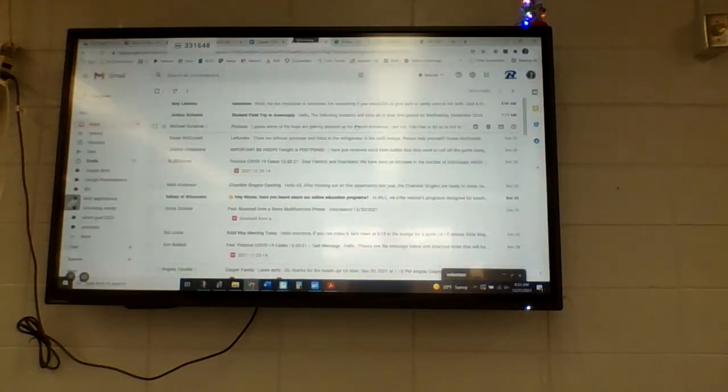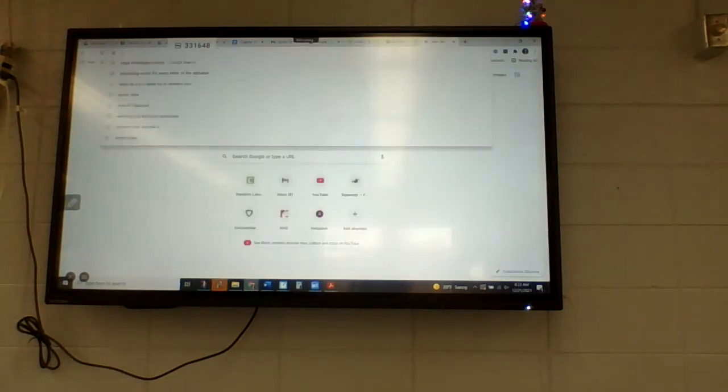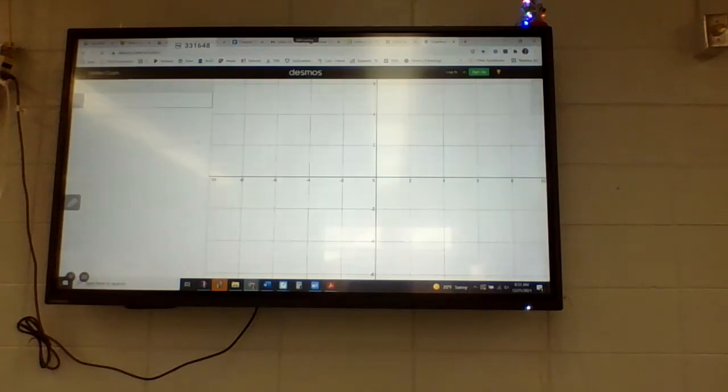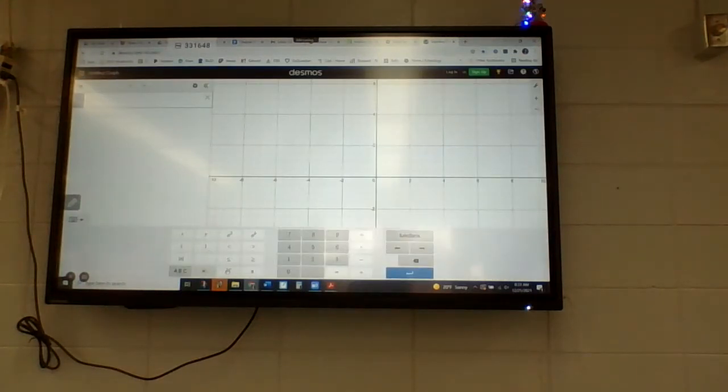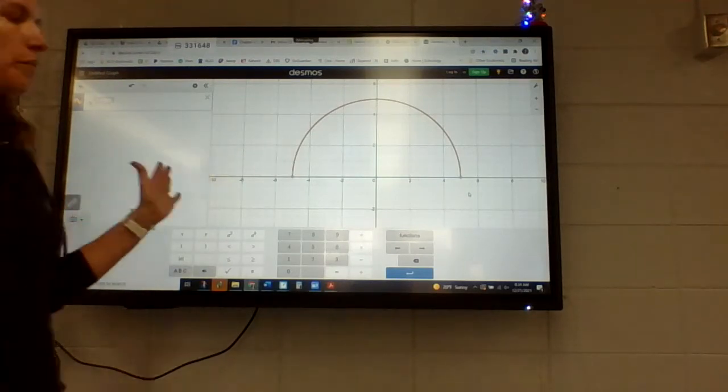Decimals is probably faster though. So we have square root of 25 minus x squared, right? So we're doing this from 0 to 5.